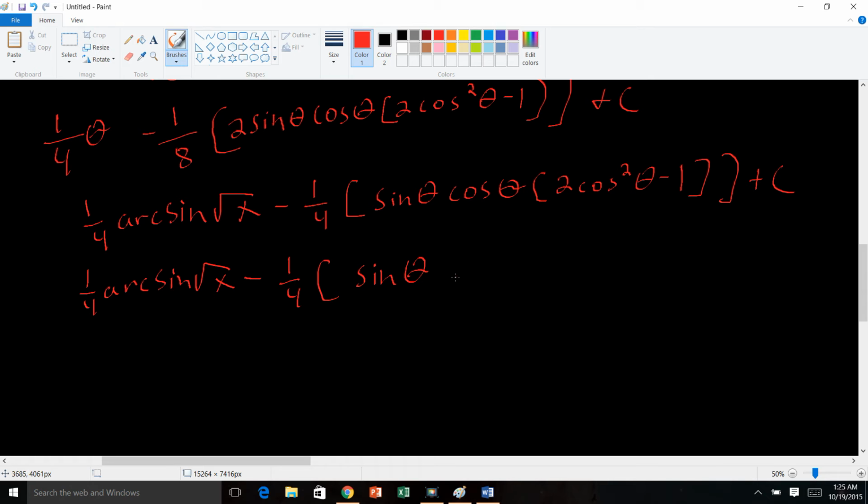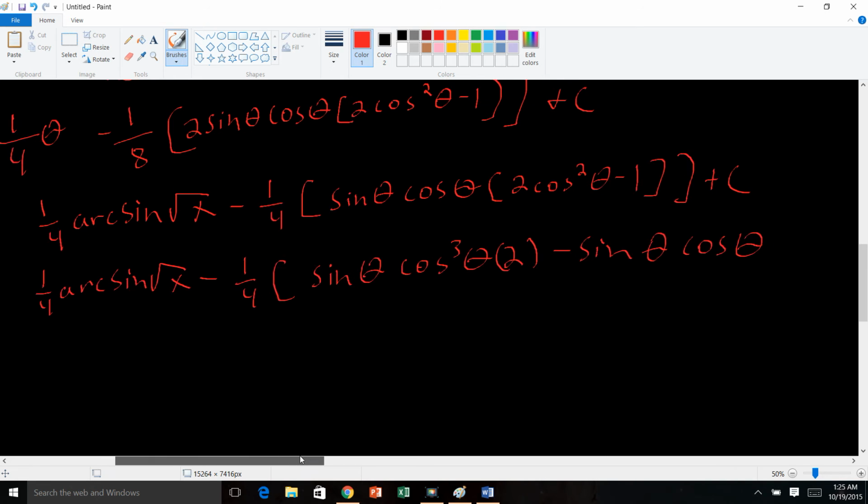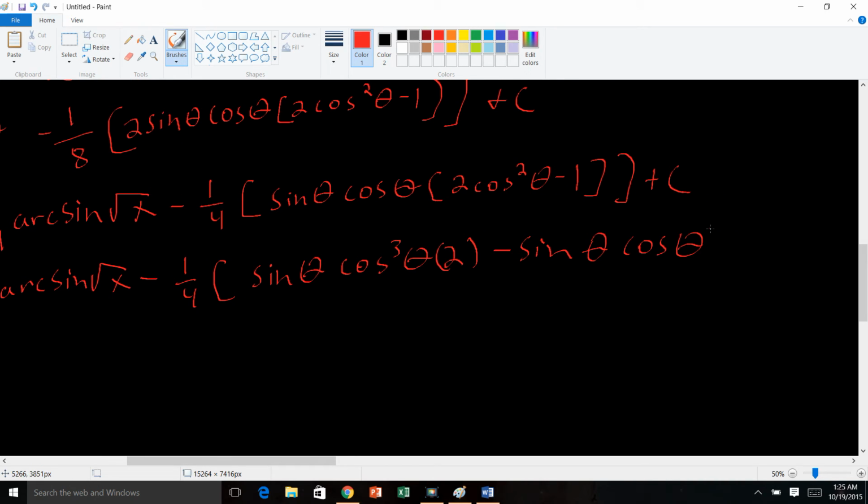Sine theta cosine cubed theta times 2 minus sine theta cosine theta. Plus c.